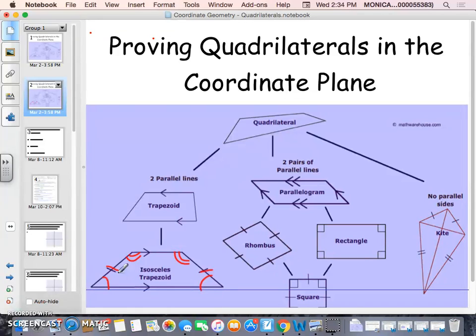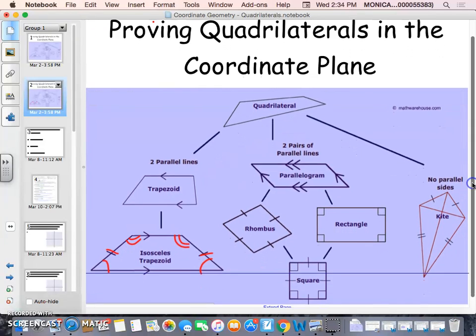A parallelogram can be broken down into 3 more specific shapes. A rhombus, where you have 2 sets of parallel lines and all sides are congruent. However, a rhombus does not make 90-degree angles. What it does do is the diagonals make 90-degree angles. You've got a rectangle.